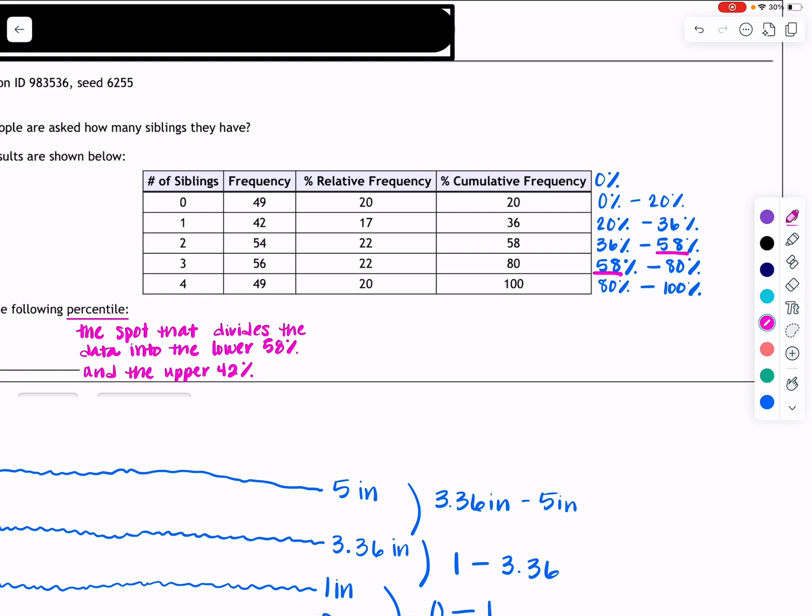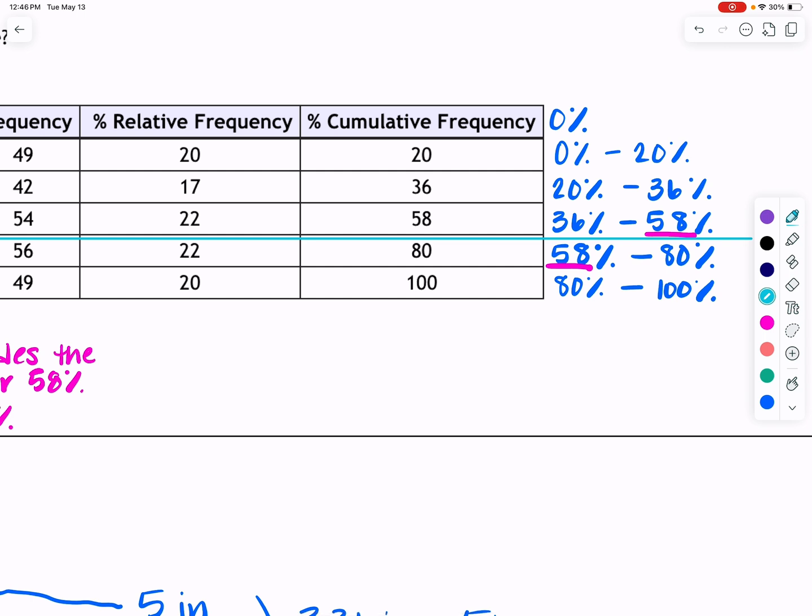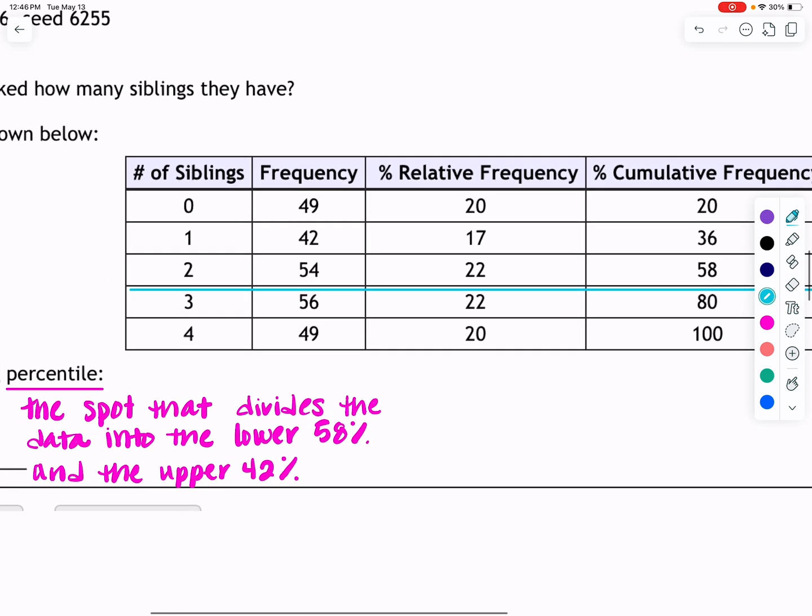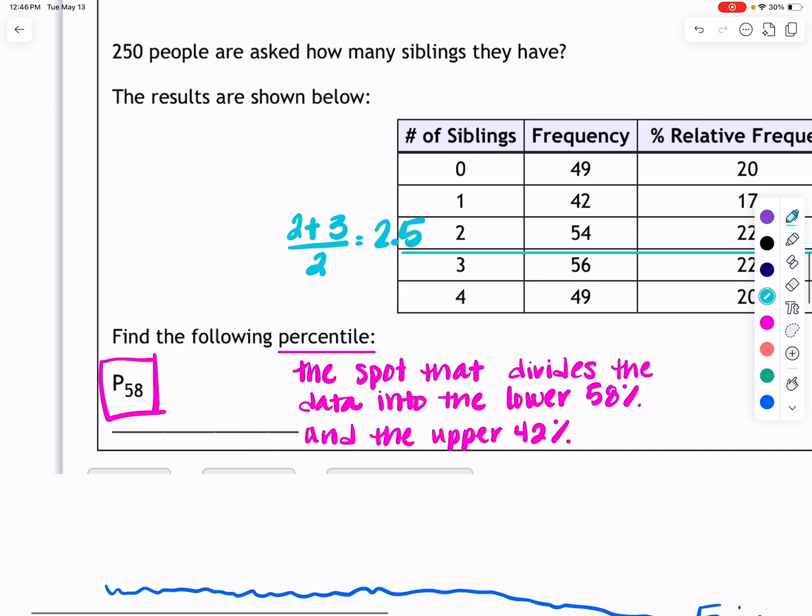Might be an okay way to say it. Well, right in here, if I look at those cumulative percentages, like my snowfall amounts, if I split the 58s in half, it happens right between 2 and 3. So if I average 2 and 3, I get 2.5. That means P58 is 2.5.